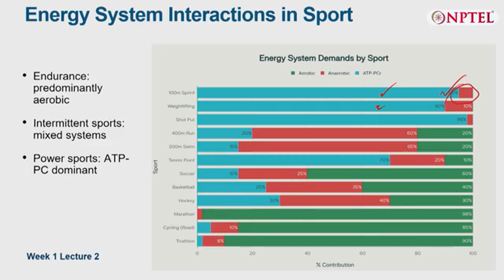As endurance increases, reliance shifts to the aerobic system, as in triathlon and road cycling. The anaerobic PCR system is dominant in high-intensity sprinting activity, and when the sprinting activity lasts for 40 to 45 seconds, the dominant energy system is the lactic acid system.